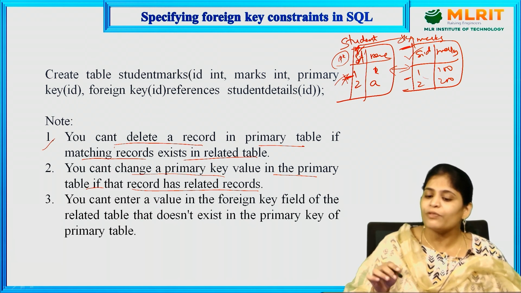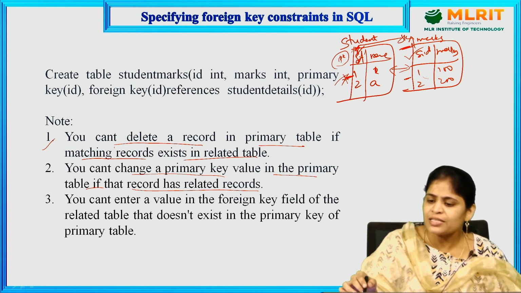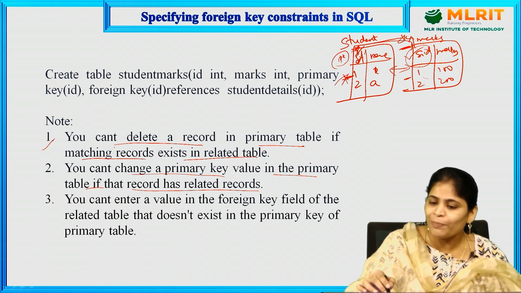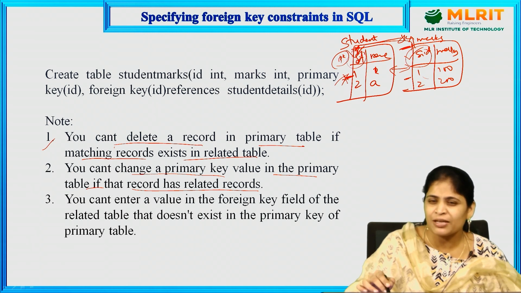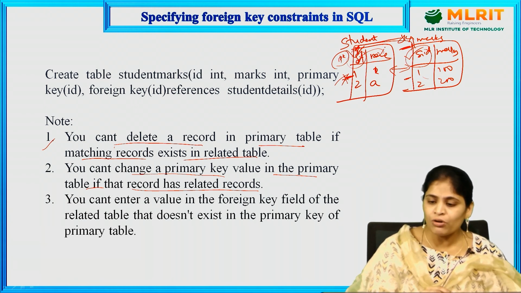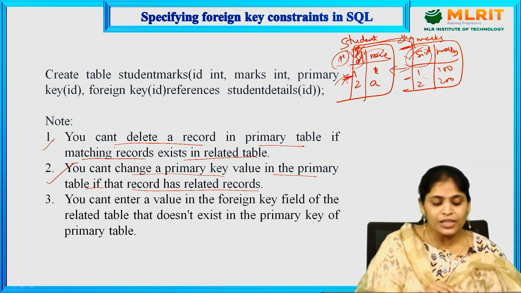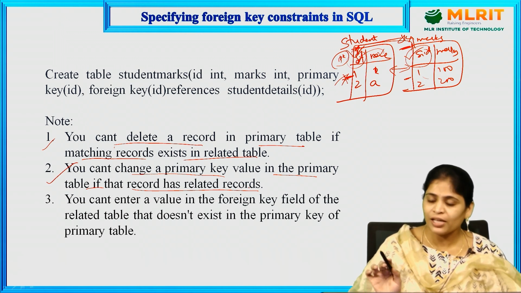Because you have already related these two tables. This foreign key depends upon the primary key SID in this table. Then how can you modify the primary key now? It is not right. So that is the meaning of the second point: you can't change the primary key value in the primary table if that record is already related.